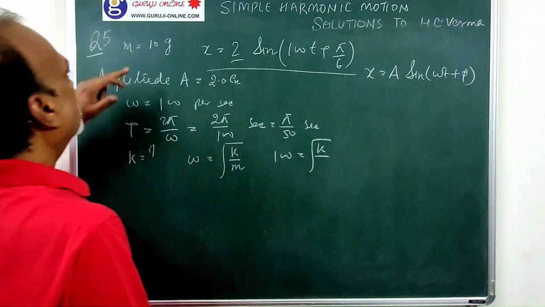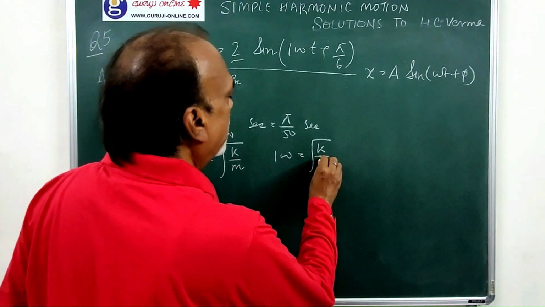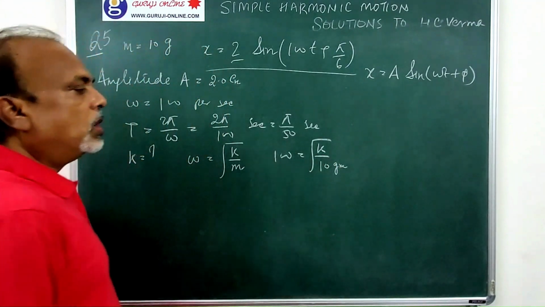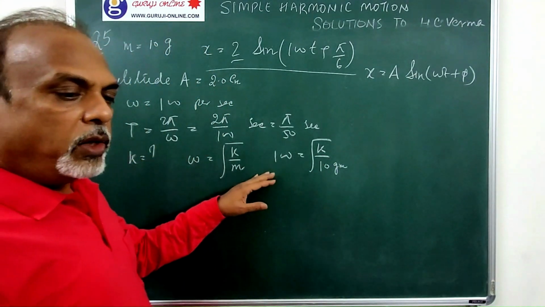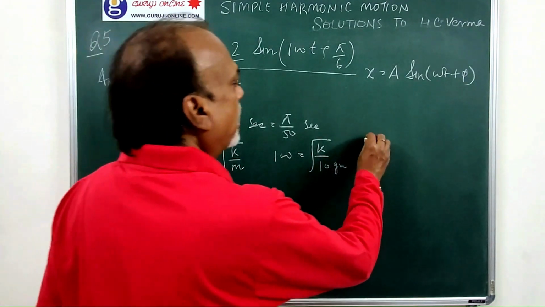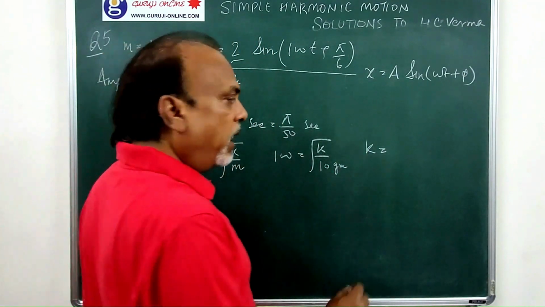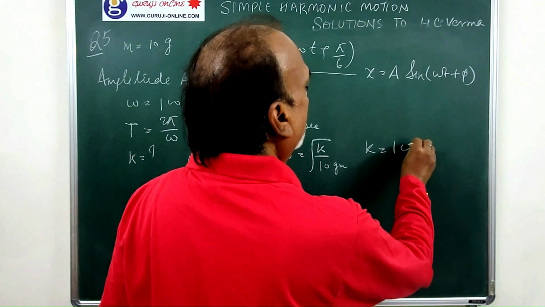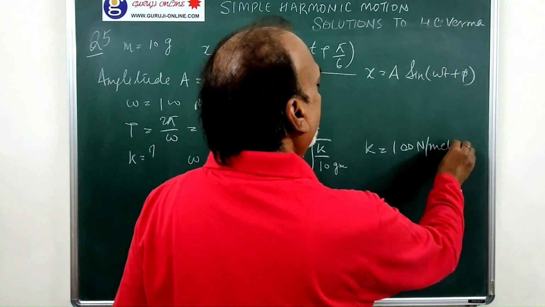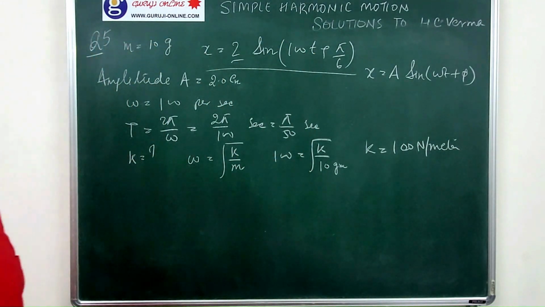And of course, mass is what? Mass is given as 10. So here you can find out K. If you take the correct units, then K will come as 100 Newton per meter. Correct.